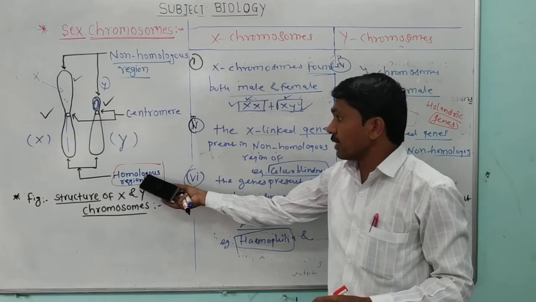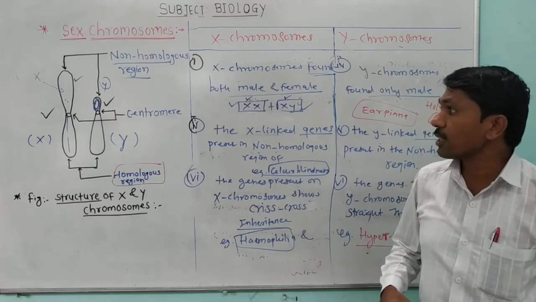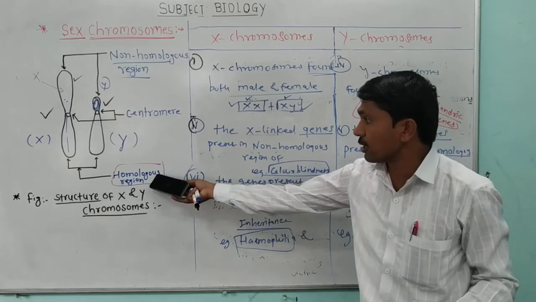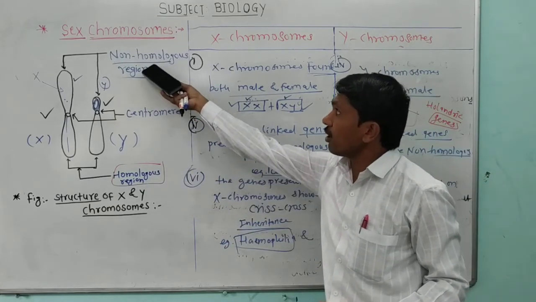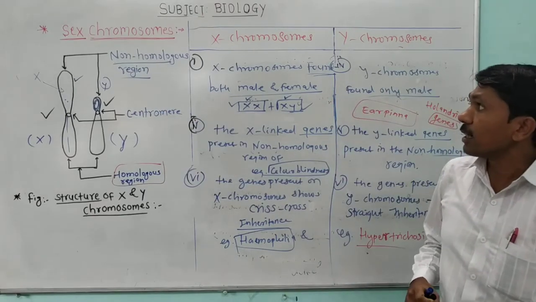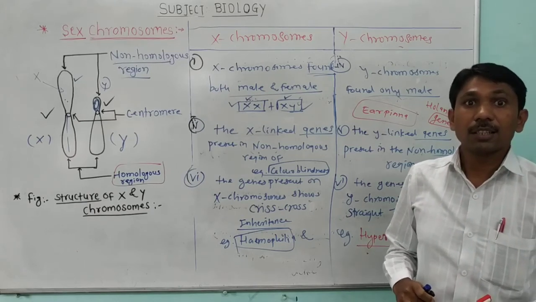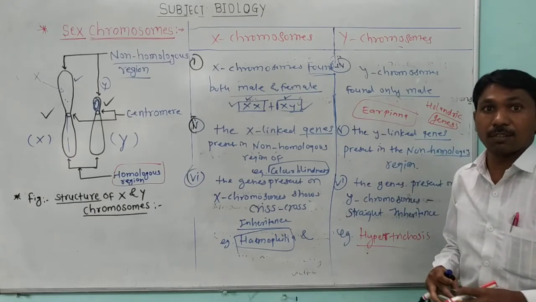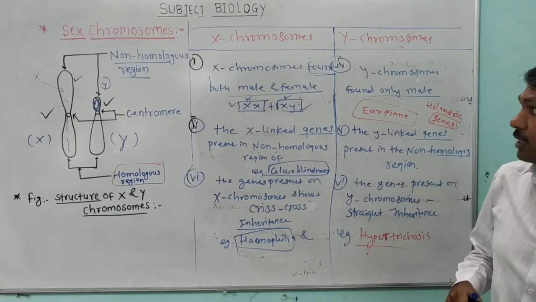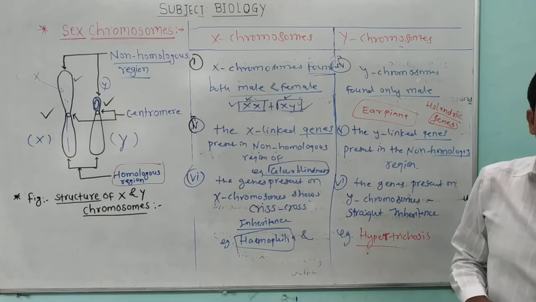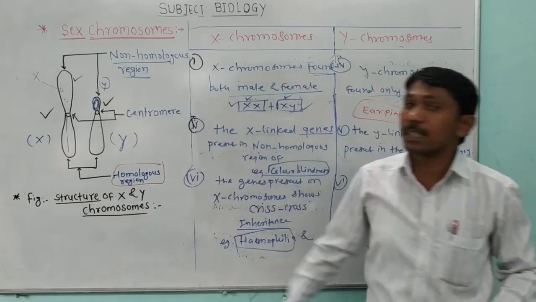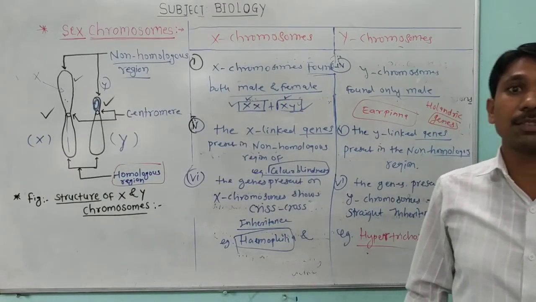But the non-homologous region of the X and Y chromosome shows complete sex linkage, because the genes do not separate in that part, as crossing over is not found in the non-homologous region. So in this region, complete sex linkage is found.